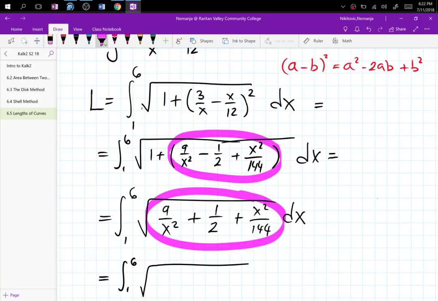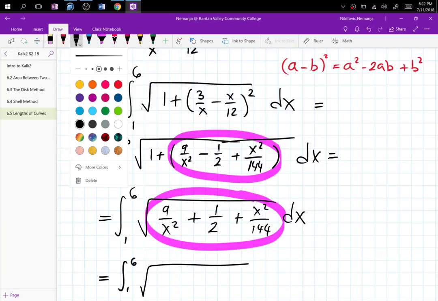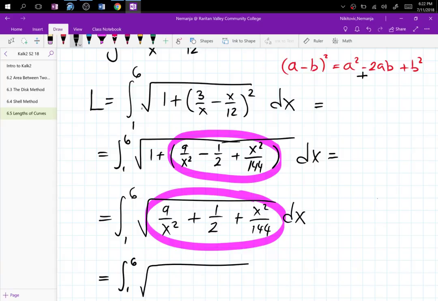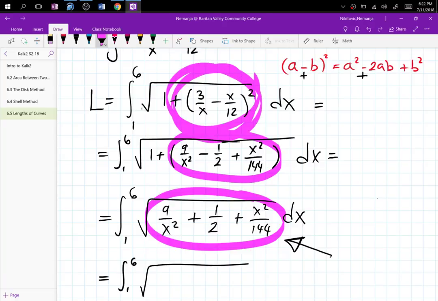Now, if I go back to my square of binomial formula over there and change this one over here into a plus, then this one over here changes into a plus. Which means that if I compress this, it will compress into this one over here with a plus. See that?